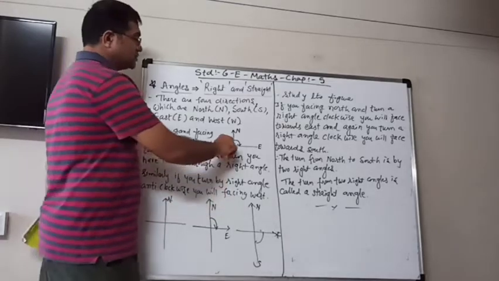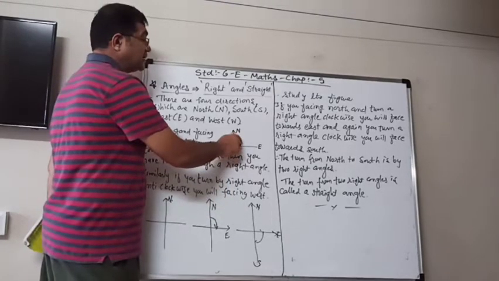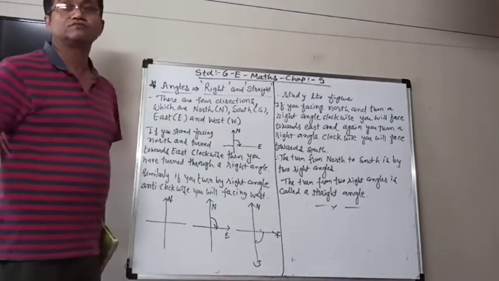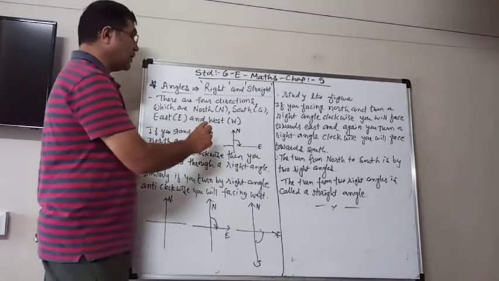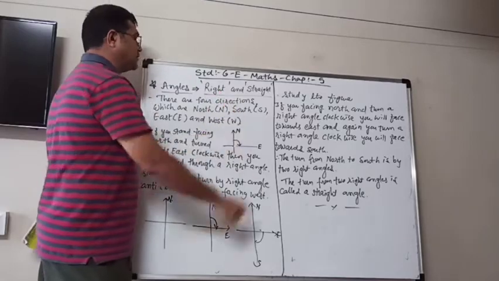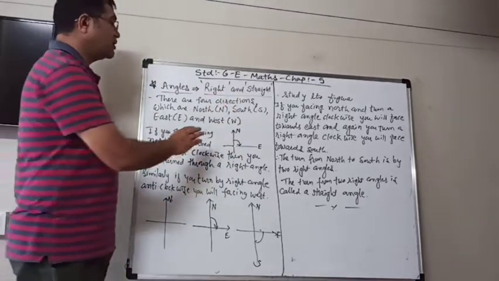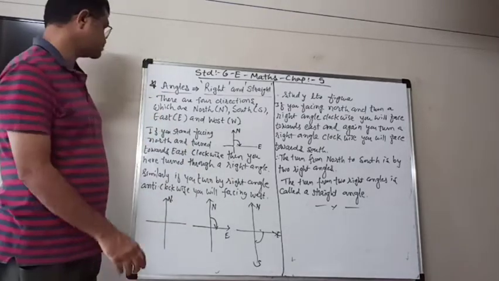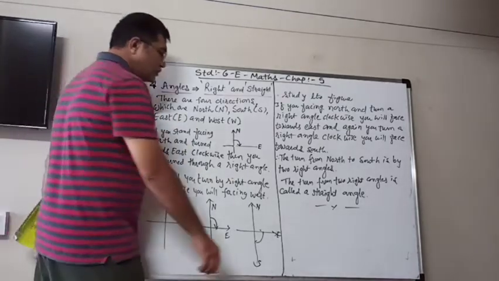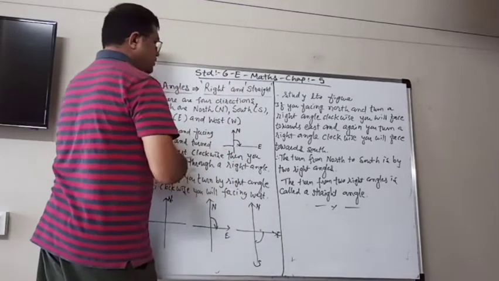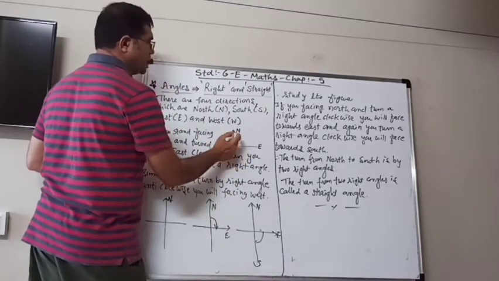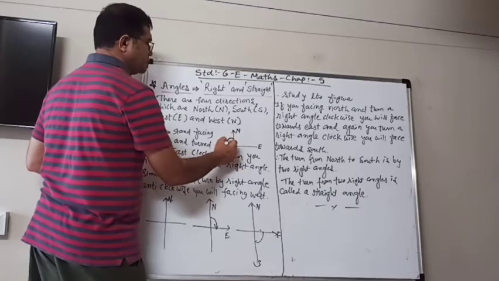So you can see that your turn is a right angle turn. Here it makes a 90-degree angle. So you are moving a right angle, so that you are facing toward the east direction. But suppose you didn't move clockwise, but anti-clockwise, towards west.